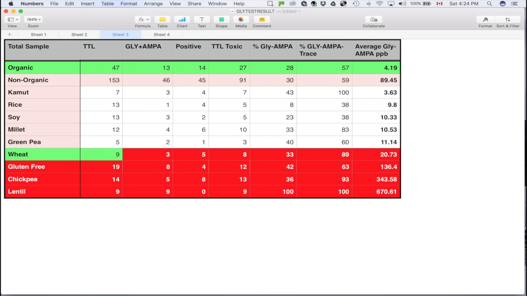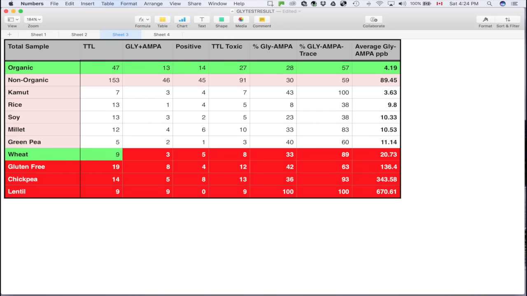Then comes the last of the normal ones, green pea. There are more, and I will analyze them more, but up to now, this is what I have. Green pea has 11.14 parts per billion. Then come the complicated and really difficult ones for me.